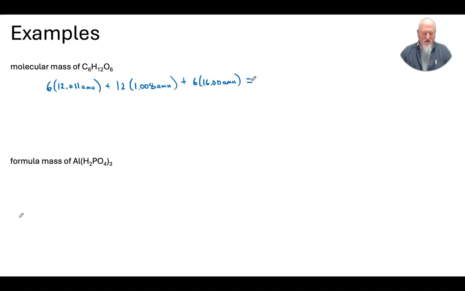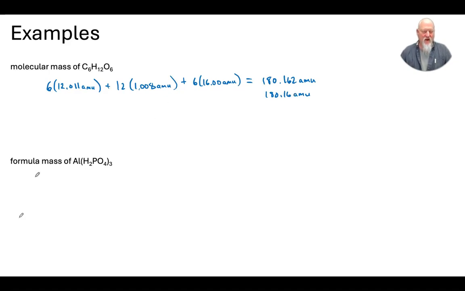If we add all that together, we get 180.162 AMU. You can round that to 180.16 if you want, because we only have 2 numbers after the decimal for oxygen. So rounding that to 2 after the decimal is fine.